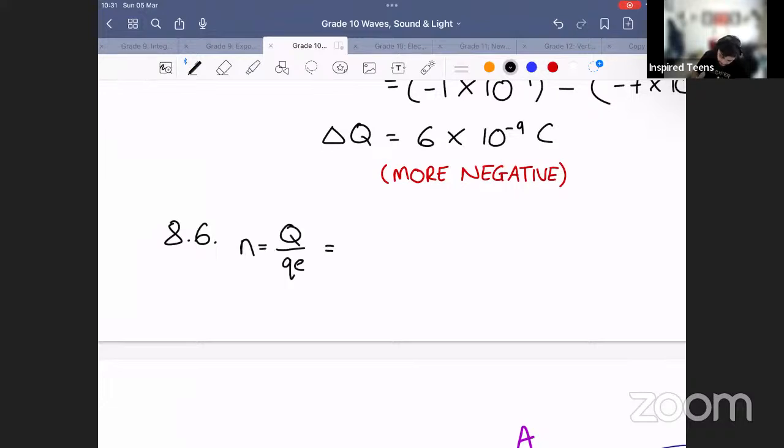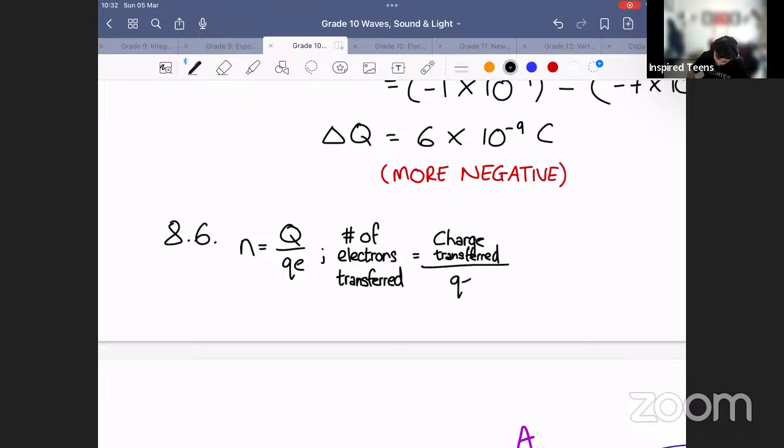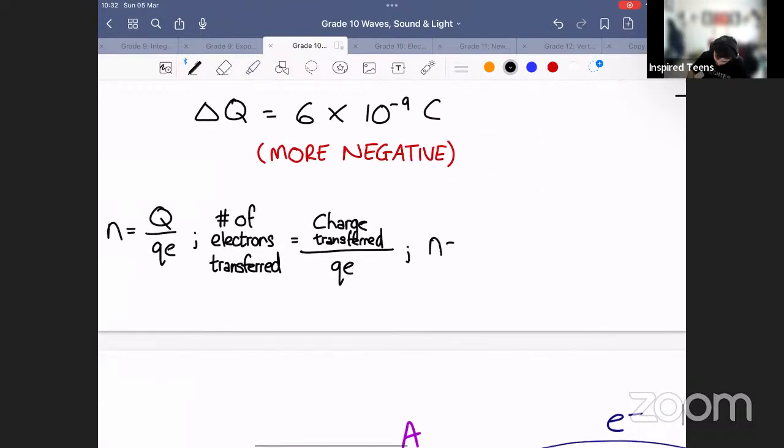Because it's the number of electrons transferred, I'm going to be using the charge transferred divided by QE. Any questions? No. So it's basically going to be N is equal to delta Q, which is charge transferred. This is one and the same thing.